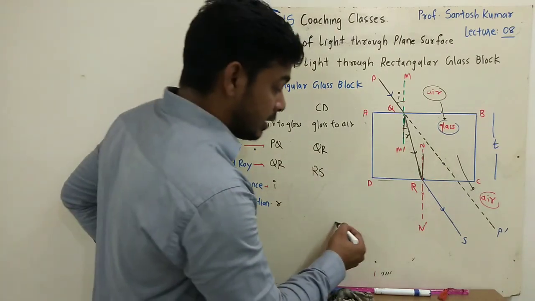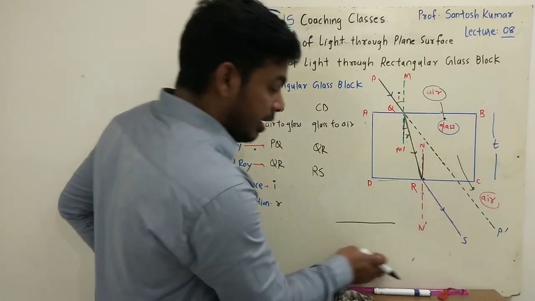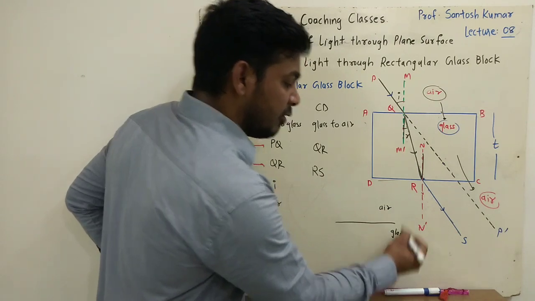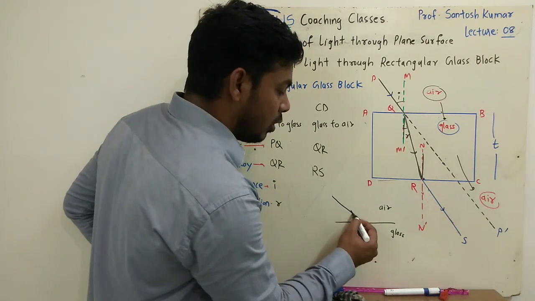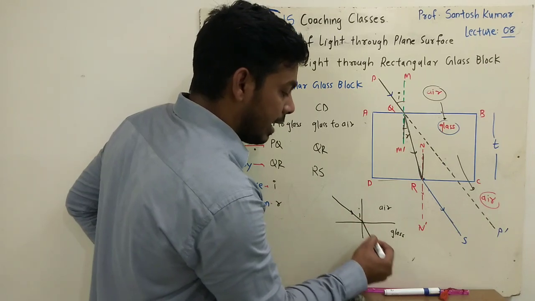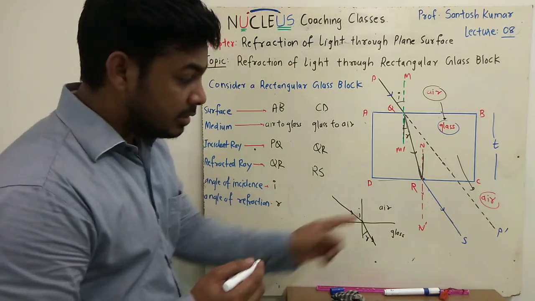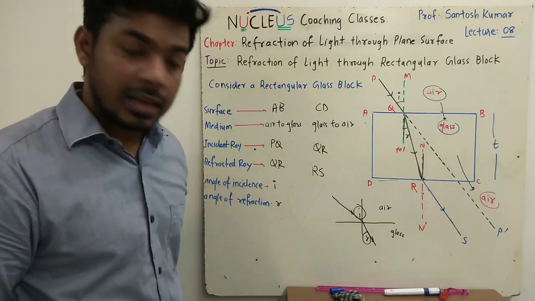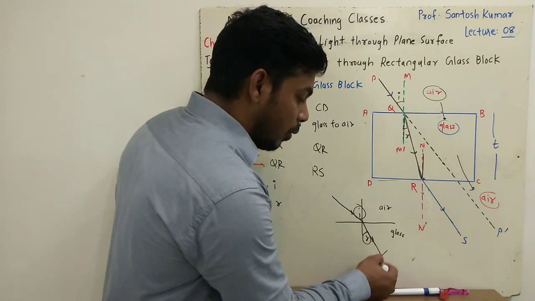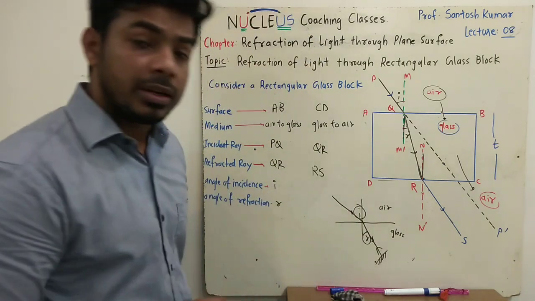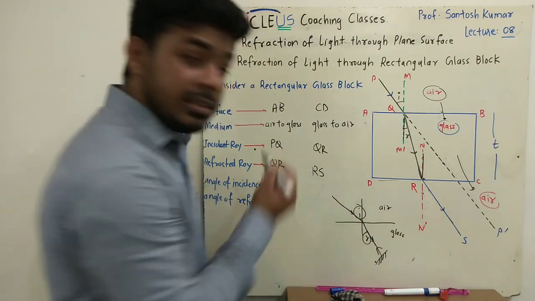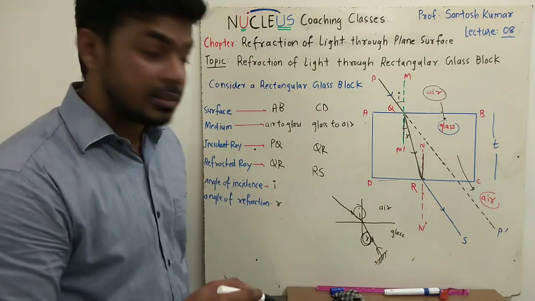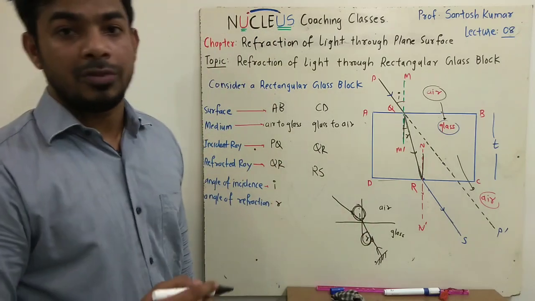And in the section of principle of reversibility of light, we studied that if a ray is traveling from air to glass with angle of incidence I and angle of refraction R, and if at some point we reverse the path of a ray, then the ray will retrace its path. So while going from glass to air, R becomes the angle of incidence and I becomes the angle of refraction.